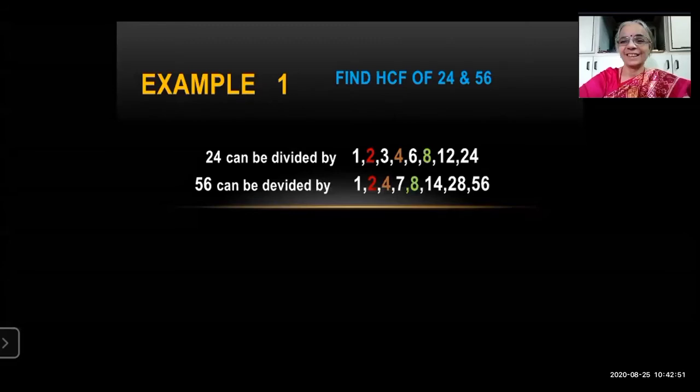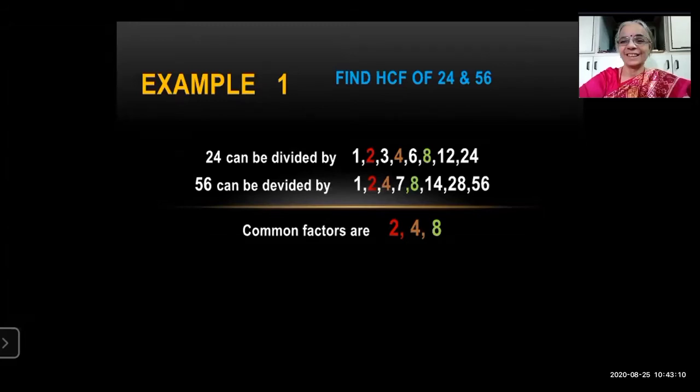2 is in both the lists. Then 4, then 8. So, let us write down the common factors, and those common factors are 2, 4, and 8. And which common factor is our answer?